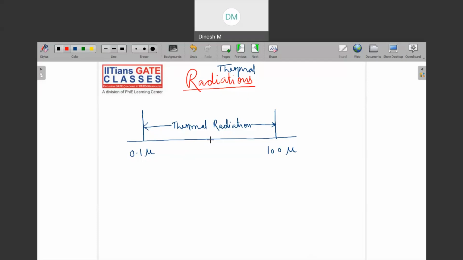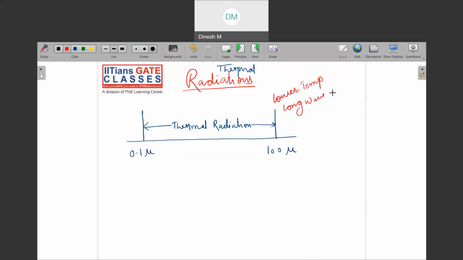So this is the higher wavelength, right? Higher wavelengths means what? Lower temperature. Lower temperature means long wavelength.